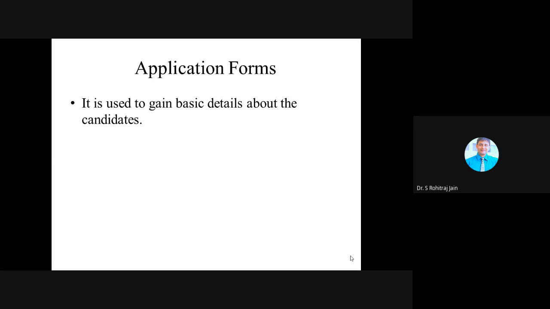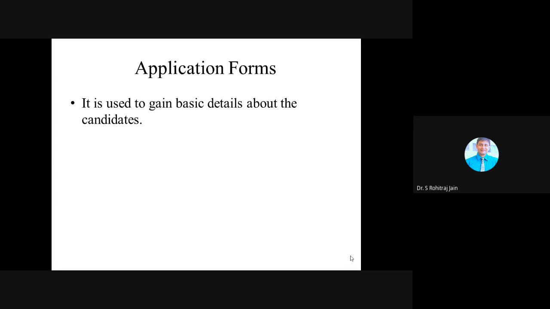Application forms or application blanks are used to gain basic details about the candidates. It helps to identify the candidates' interest areas, which prove to be of great help in discussion during the interview. It is a useful method of gathering the candidates' past details.